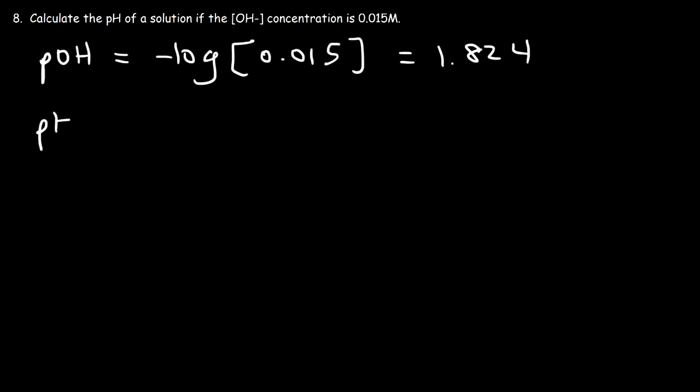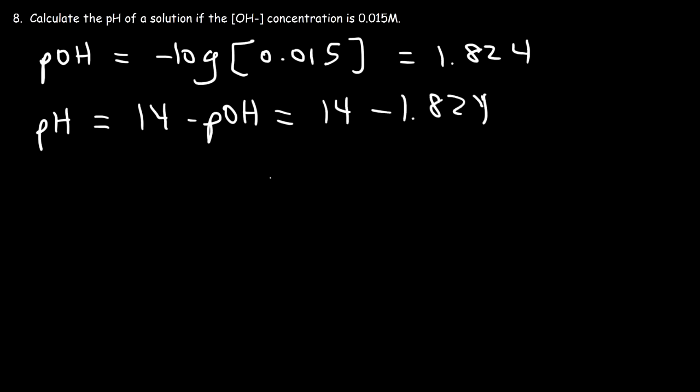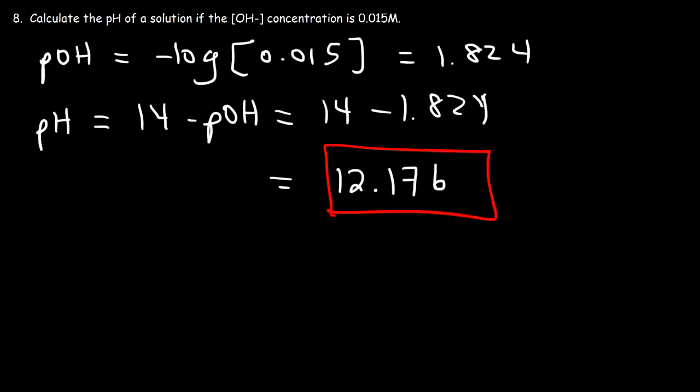And then just calculate the pH, which is 14 minus the pOH. So 14 minus 1.824, that's 12.176. And so that's all the problems in this video.